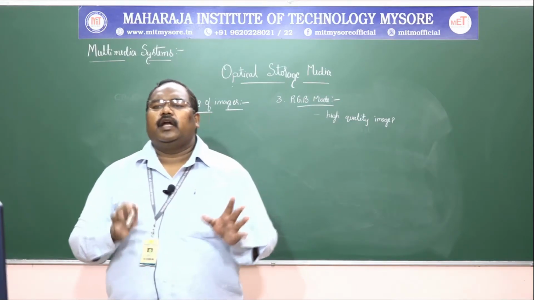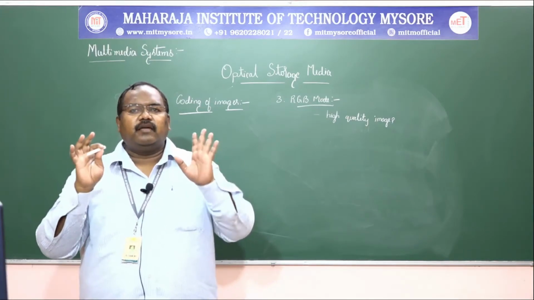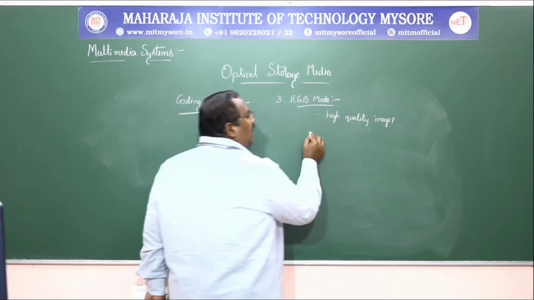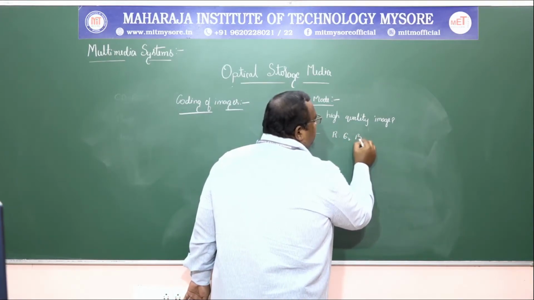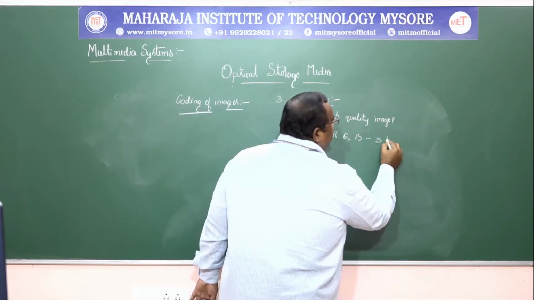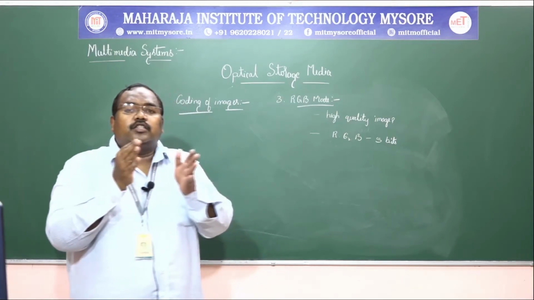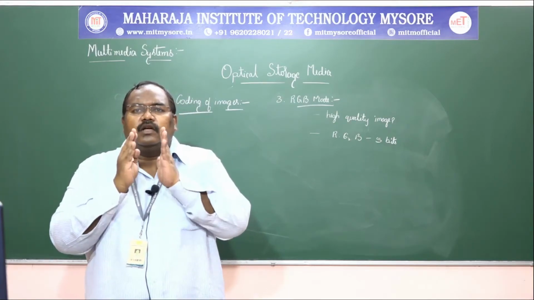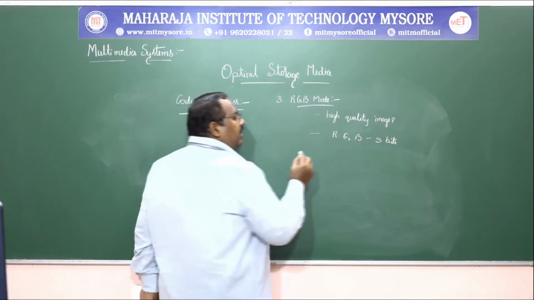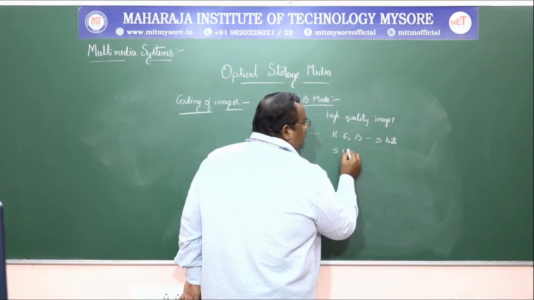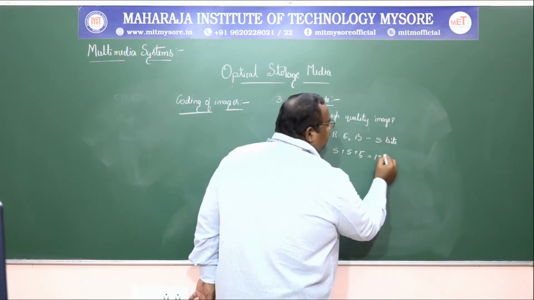The red, green and blue components are each coded with 5 bits of information. So when I talk about 555, it is 5 plus 5 plus 5, which is equal to 15 bits.